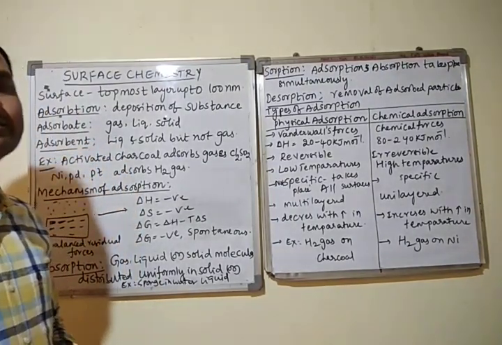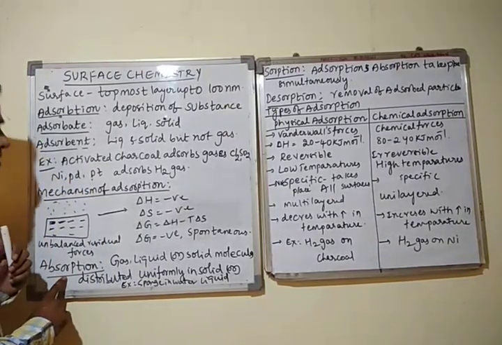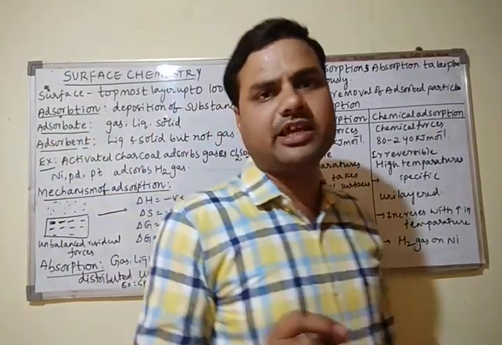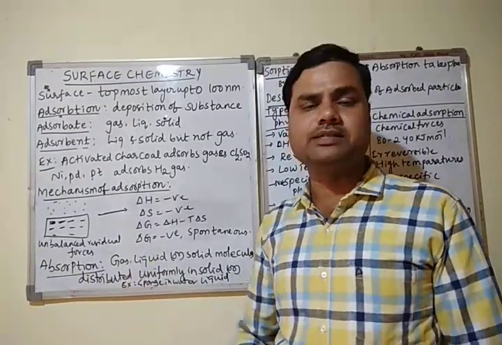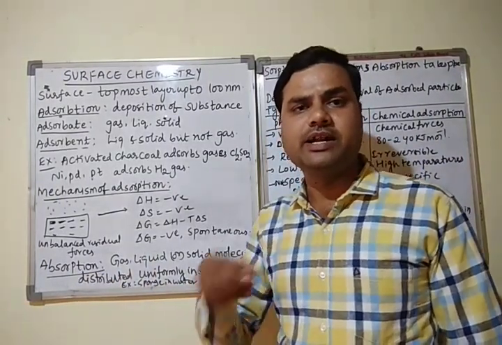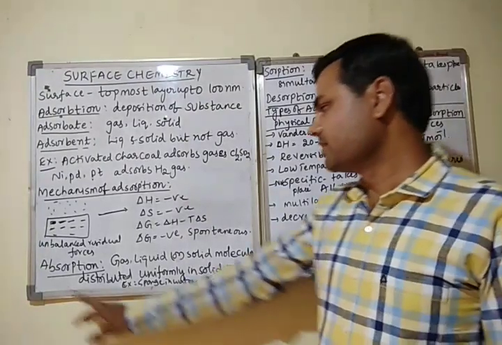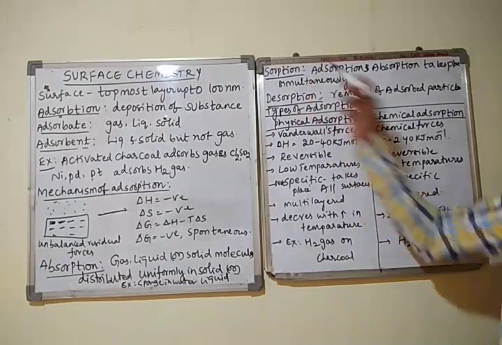When they are distributing inside, that process is called absorption. The difference between adsorption and absorption is that adsorption takes place only on the surface, but absorption takes place inside the bulk. The molecules enter inside the bulk. That process is called absorption.